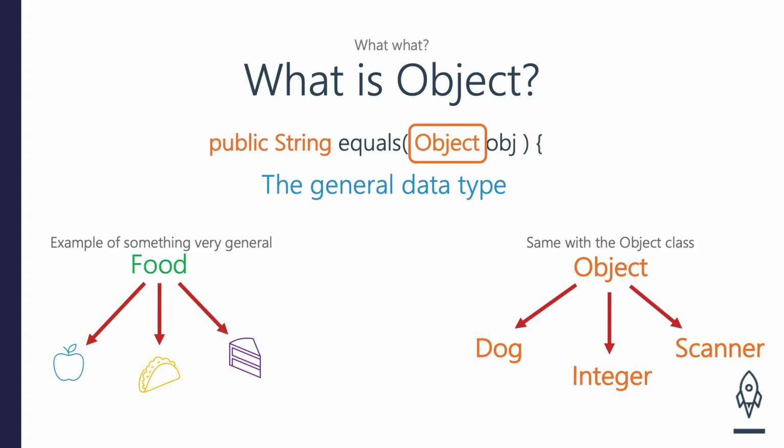It is a very generic data type that can take on different representations. So that means in that object parameter that we see above, we can pass in anything into those parameters. We can pass a dog in there, we can pass an integer in there, or a scanner in there, and then we have to check if it's equal to whatever our class is. So this makes this equals method super customizable, but it leaves us with a small bit of a problem.